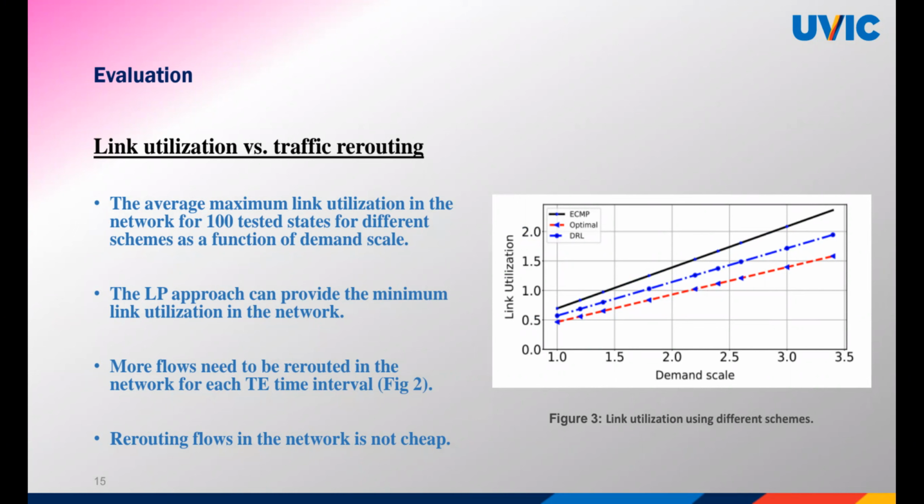As you can see here, in figure 3, the linear programming approach can provide the minimum link utilization in the network, but this is because the linear programming approach doesn't consider the rerouting cost in its computations. So that's why it can reach the minimum maximum link utilization.